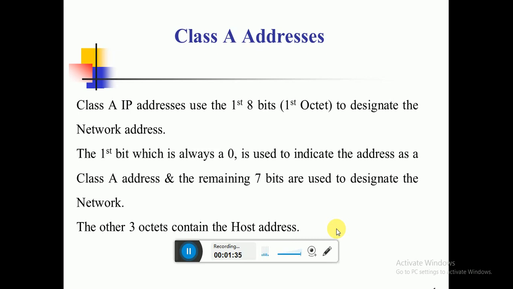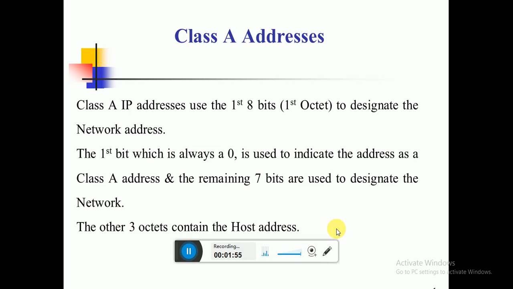There is another version of IP address which is called IP version 6, which is written in hexadecimal numbers. And IP version 4 is actually represented in decimal numbers, meaning we are using numbers from 0 to 9.